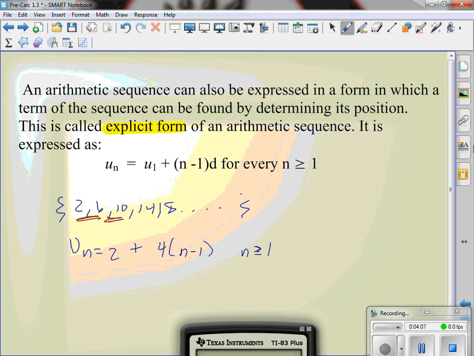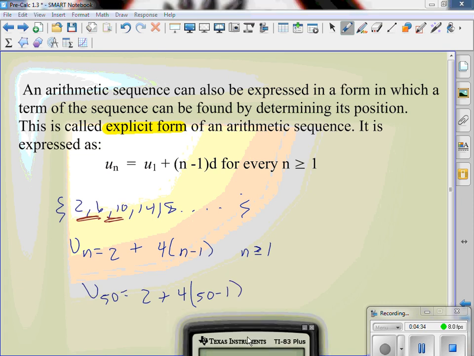N is always there. So if I wanted to find what u sub 50 is, what we did in the last couple sections, you'd have to go through and do u sub 1, 2, 3, all the way up to 50. Now we don't. To find what u sub 50 is, I do 2 plus 4 times n minus 1.